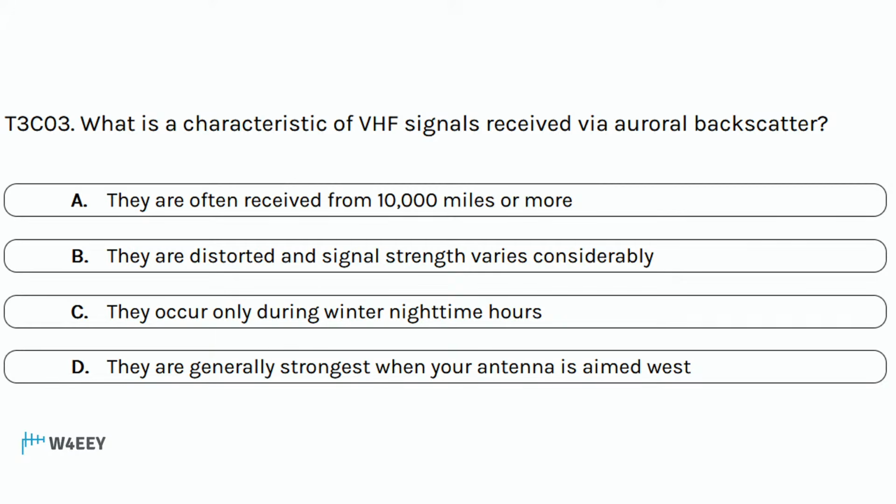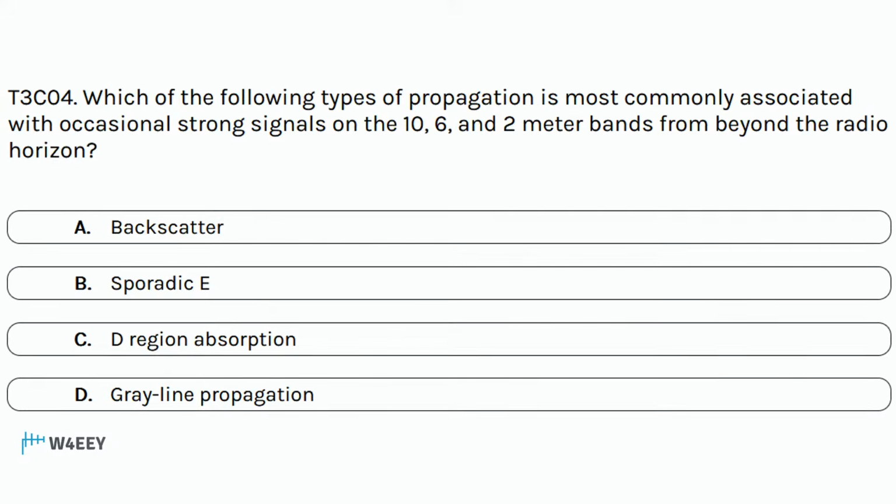And what is a characteristic of VHF signals received via auroral backscatter? You heard it. Bravo. They sound distorted and the signal strength varies considerably. And which of the following types of propagation is most commonly associated with occasional strong signals on the 10, 6, and 2 meter bands from beyond the radio horizon?